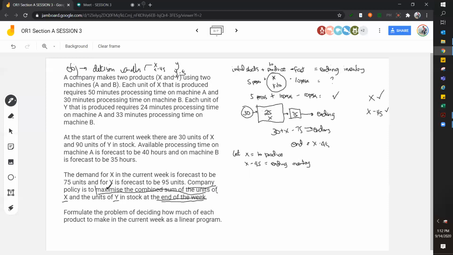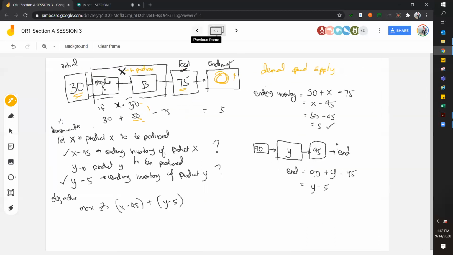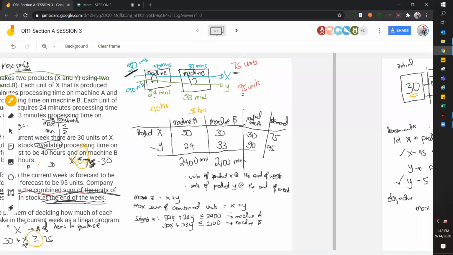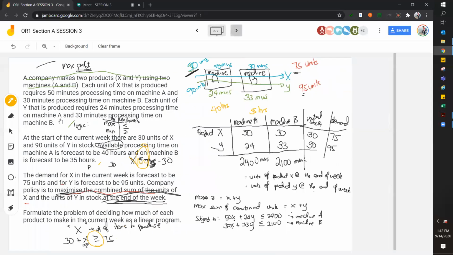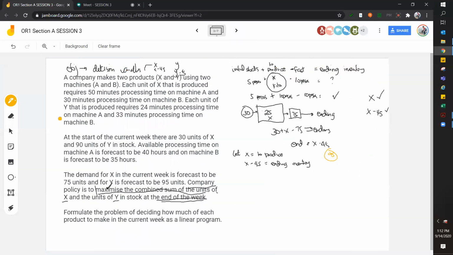Okay, so dun naman sa ating, sige, palitan kong kulay. So we have, sorry, initial inventory 90.